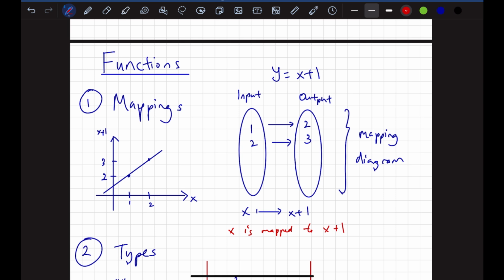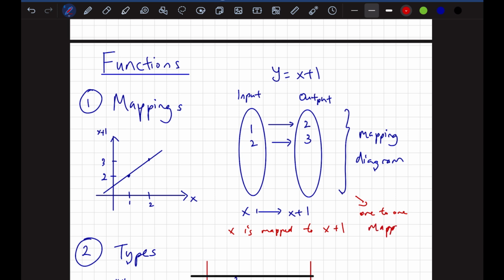All right, and one input in this case gets you only one specific output, right? When you sub 1 into the x, only 2 will appear for your y. There's no other possible outcome. Yeah, so in this specific example, we call this a 1-to-1 mapping.